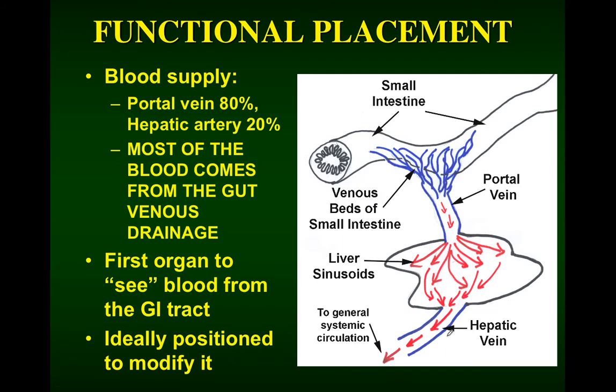The liver, as an organ like other organs in the body, needs oxygen and nutrients, and the hepatic artery usually provides this supply. Usually of the blood that enters the liver, 80% is coming from the portal vein, whereas from the hepatic artery, only 20%. As I said, the drainage will be through the hepatic vein, which will go through the caudal vena cava to reach the heart.